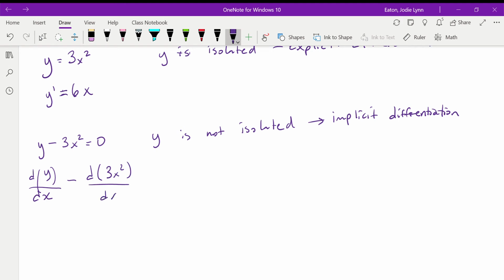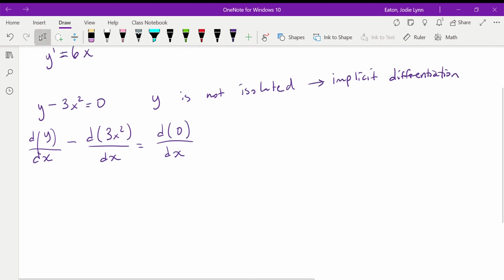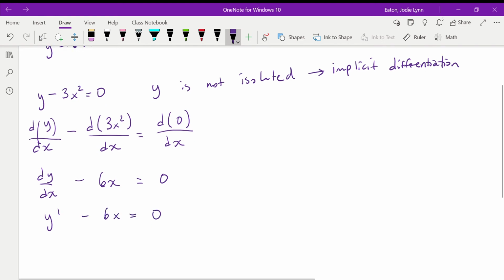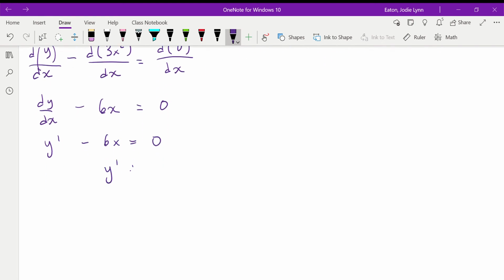In fact, I'm treating each piece as if it is a function that I am differentiating, and that's equal to d0/dx. So I get dy/dx, or y prime, minus the derivative of 3x squared with respect to x, which is 6x, equals 0. So I get y prime minus 6x equals 0, and y prime equals 6x.